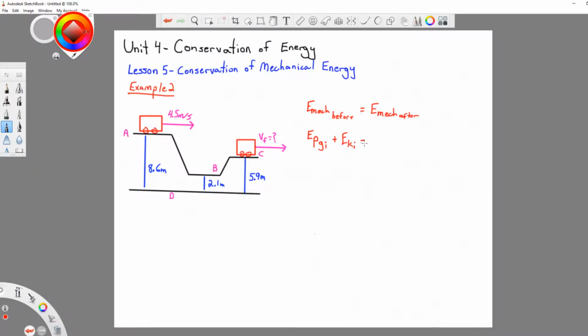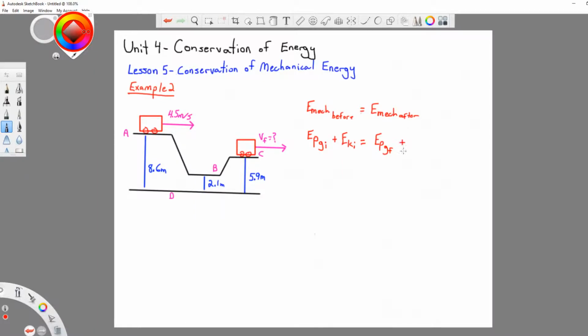Alright, we also have our after situation. So after is going to be on this side of things. We have potential energy due to gravity final, because we have height.